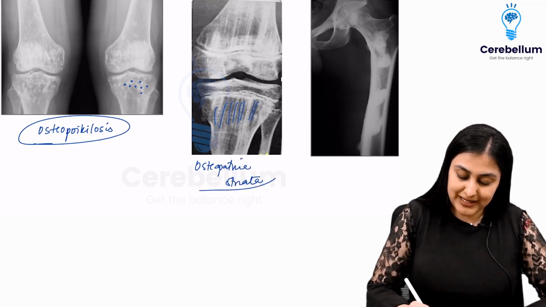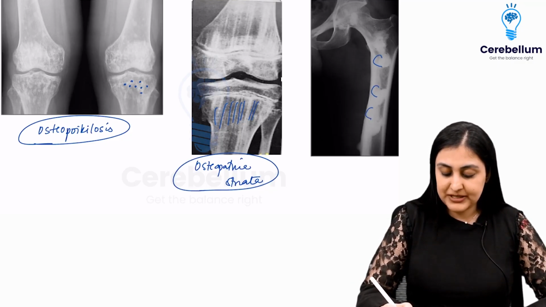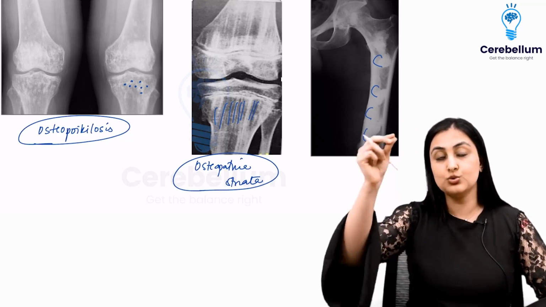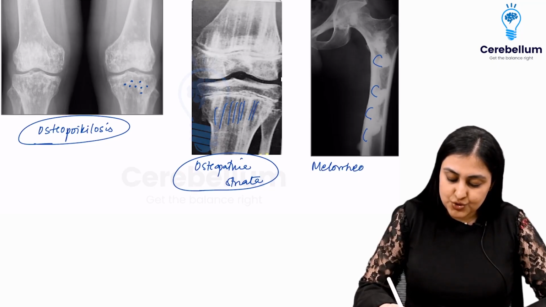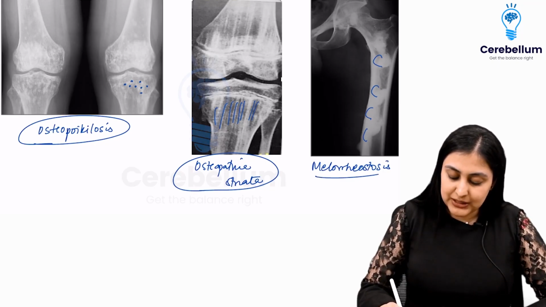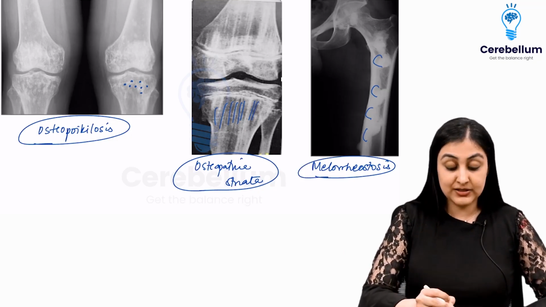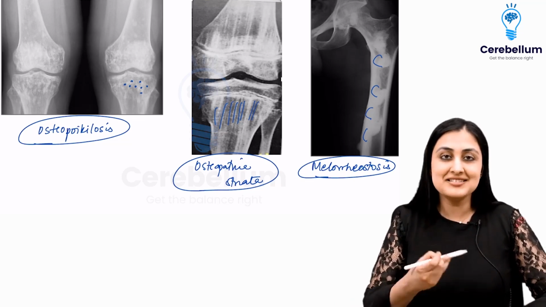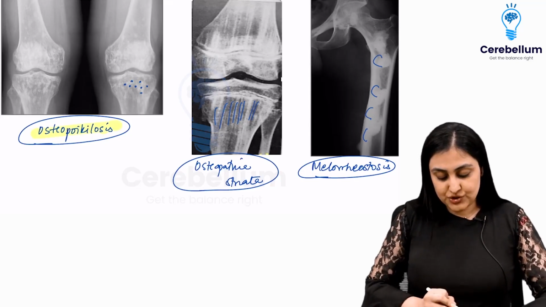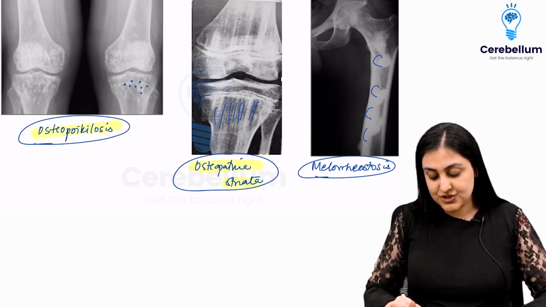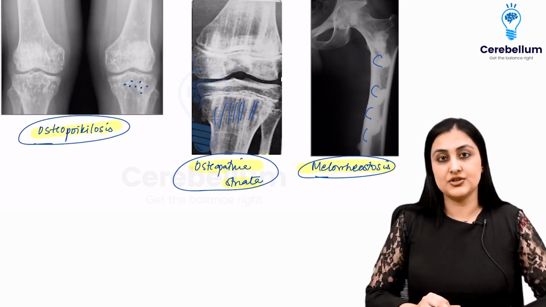And when you have this candle wax dripping sort of sclerosis throughout the bone, this is called melorheostosis. So these are three skeletal dysplasias with scary appearance and scary names, but nothing is scary about them. Alright, so osteopoikilosis, osteopathia striata, melorheostosis, you just ask your patients to be reassured.